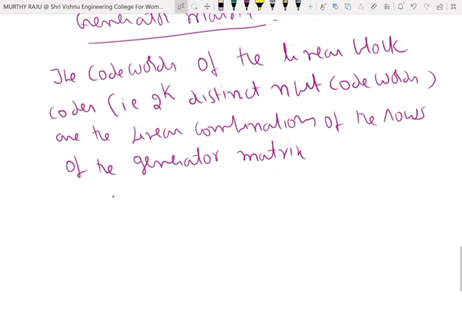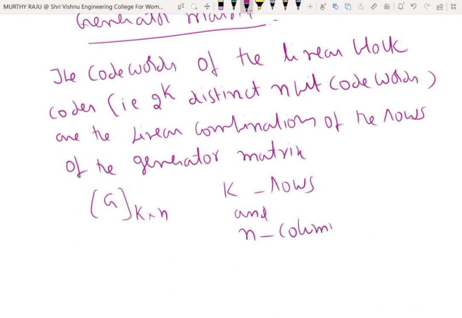Suppose this generator matrix is of order k cross n, that means k rows and n columns. The generator matrix consists of k rows, row 1, row 2 up to row k.